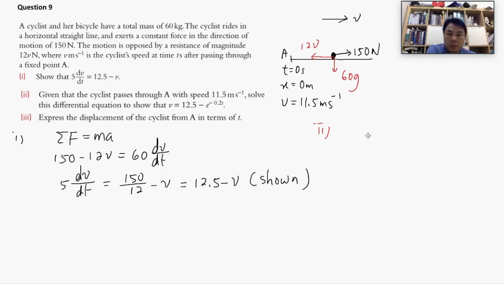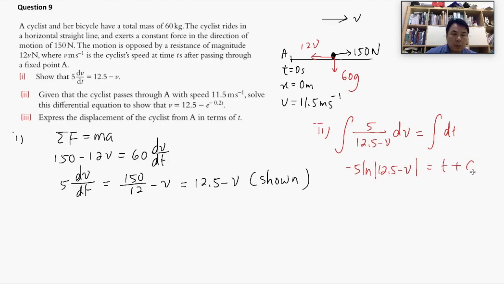Okay, we're going to solve this. That will be 5 over (12.5 minus V) dV equals dt. Now as usual, by using a bit of substitution, we can show that this is actually negative 5 ln(12.5 minus V) equal to t plus c.